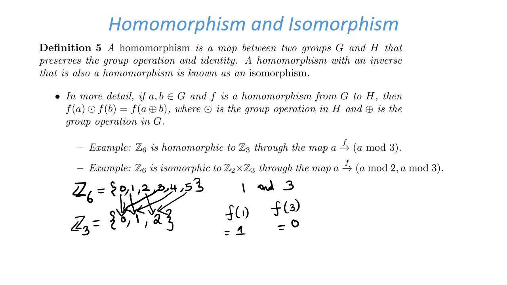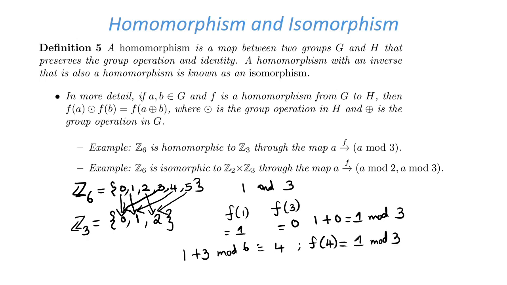And now I can add these two elements, which will give me 1 mod 3. And this is equivalent to taking the integers 1 and 3, adding them together mod 6, which is 4, and then applying F on this. Now note that F of 4 is indeed equal to 1 mod 3. So both ways I get the same element.